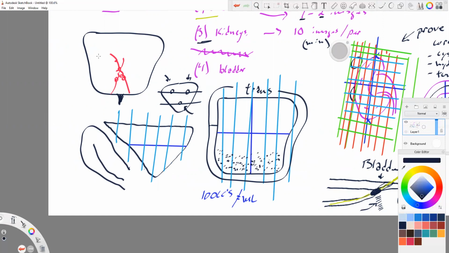Of course, I forgot to mention if you're going to see jets, obviously, you need your color Doppler on. But we're going to look at the jets, make sure that there's flow coming in from both kidneys. This is a real pain if the patient is not well hydrated.